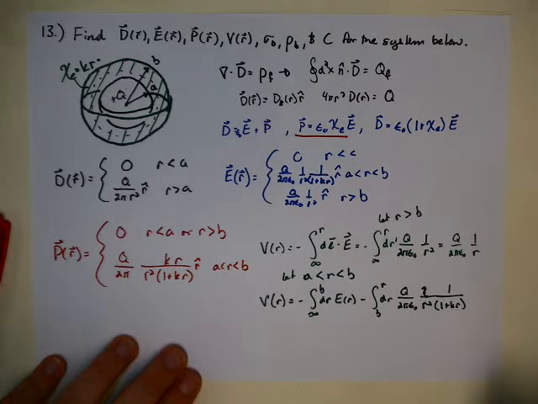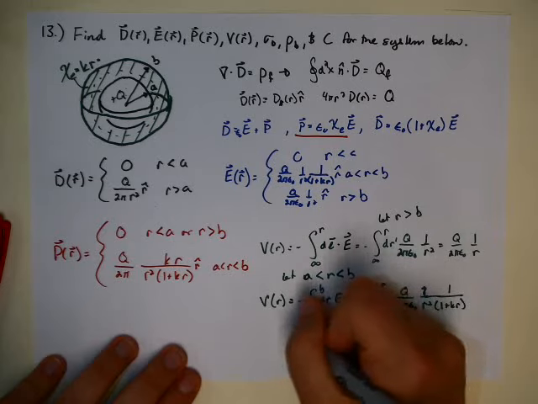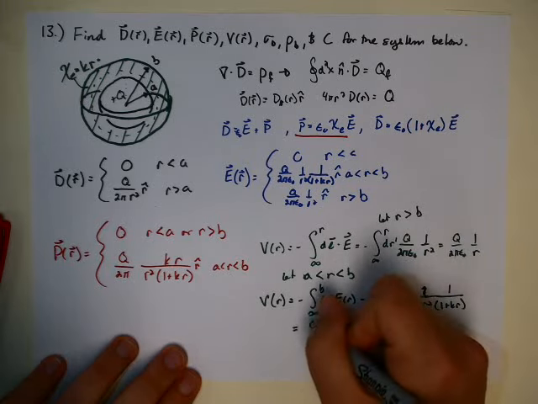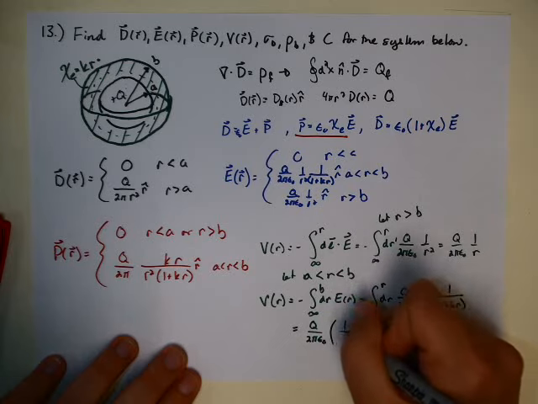And so we can just write this down. This isn't too bad. This is going to be equal to this first term, q over 2 pi epsilon naught, 1 over b.